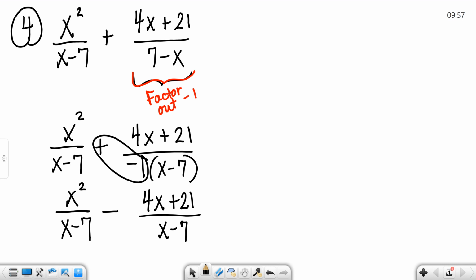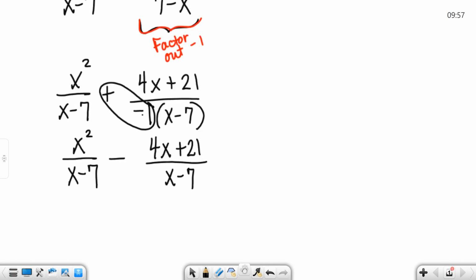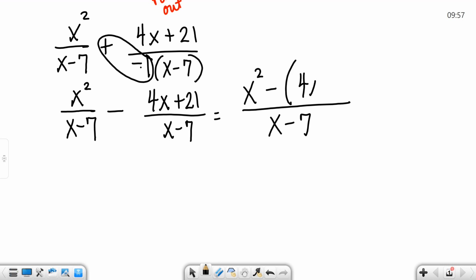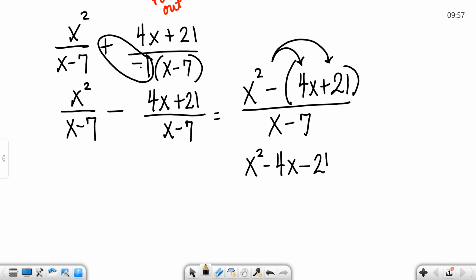It's being multiplied, so positive times a negative gives me a negative. So this is actually my new problem. Okay, now my denominators are the same, and I can subtract the numerator. Make sure this 4x plus 21 is in parentheses, because now I must distribute that negative, and it does change both signs.